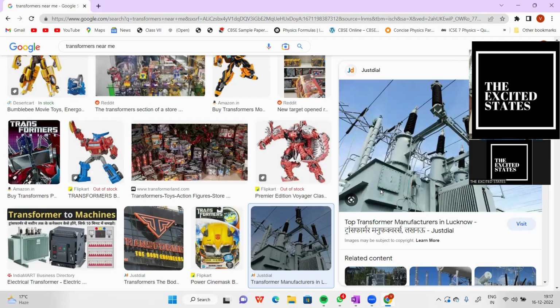And those wires are also very thick. The wires going from one city to another city, when the current is flowing, are very thick.